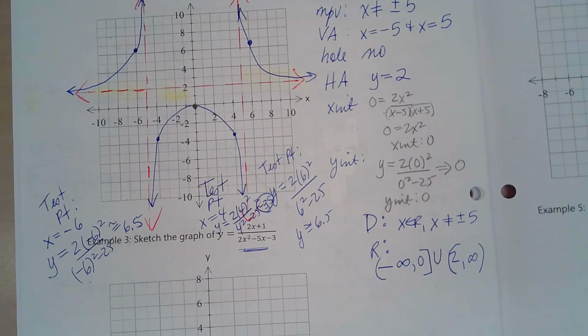Very rarely. Is it possible to have a vertical asymptote and a hole? Yeah. Yep. You can. I'll show you a picture of horizontal asymptote, no vertical.